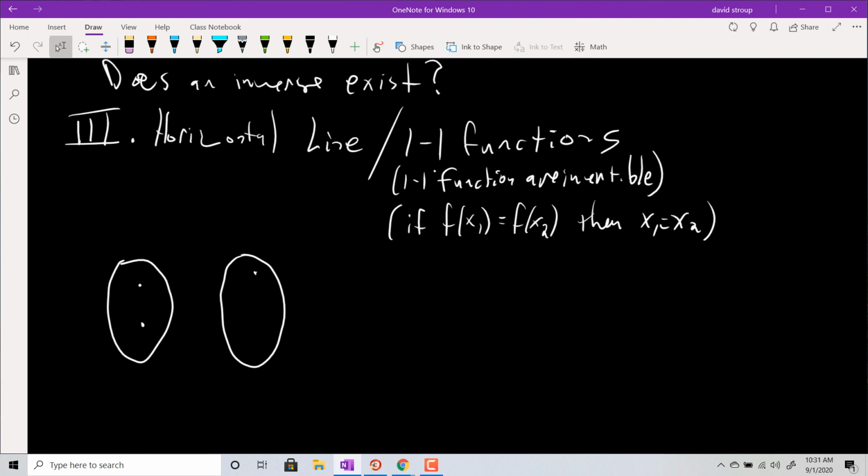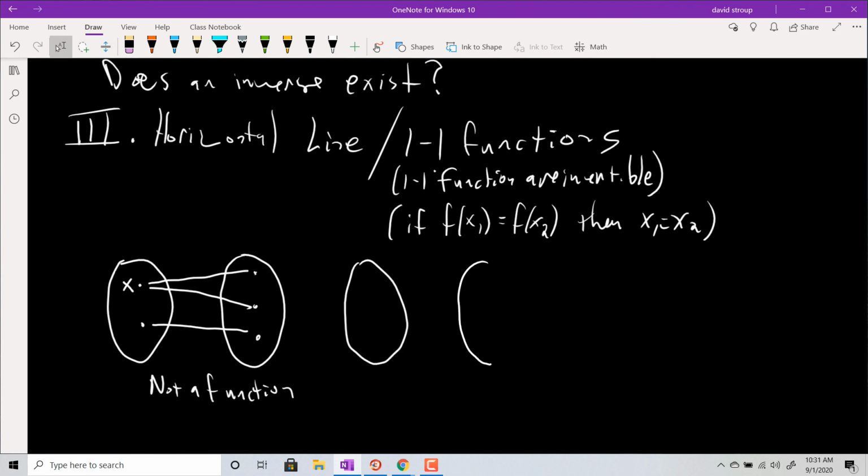So if you had something like this, there were relations and then there were functions, right? So this guy is a relation, but it's not a function because of that first value in the domain. This particular x right here is going to two different y values, so it's not a function.